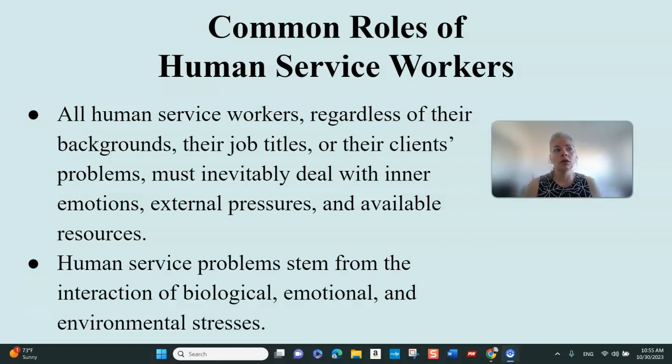As with all human challenges, there's biological elements, there's emotional elements, and there's social and environmental elements. And those all can contribute to our stress levels. They all can undermine our well-being and our ability to make reasoned decisions.